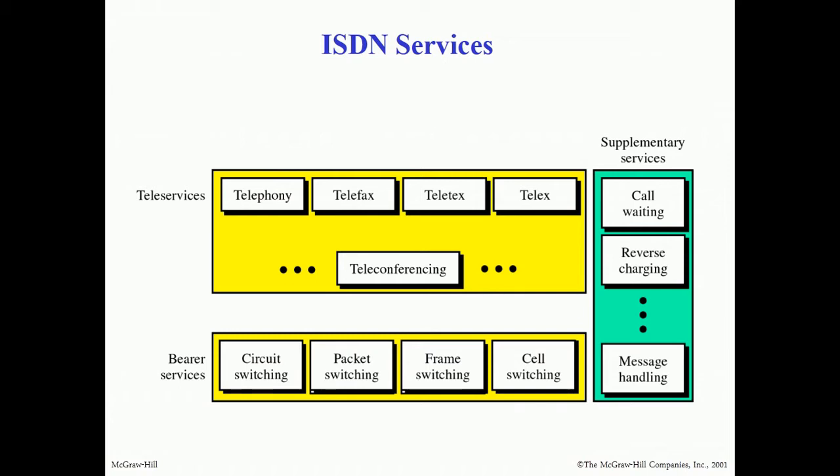Bearer services, as shown in the diagram, are concerned with moving information from one location to another. For this we are using circuit switching, packet switching, frame switching, and cell switching. These are the techniques for moving information from one location to another location.